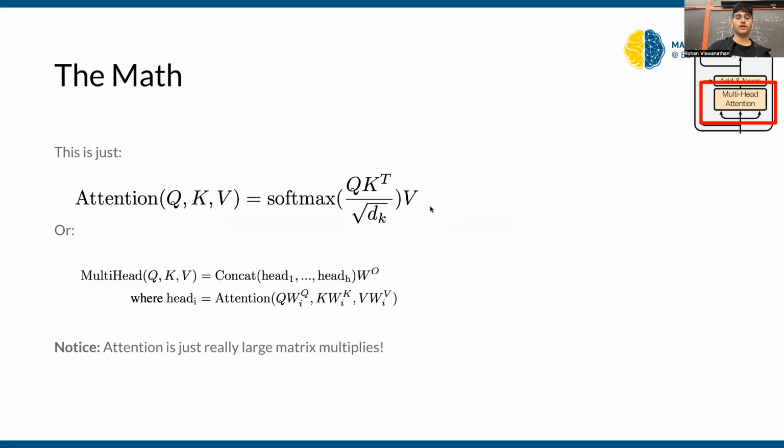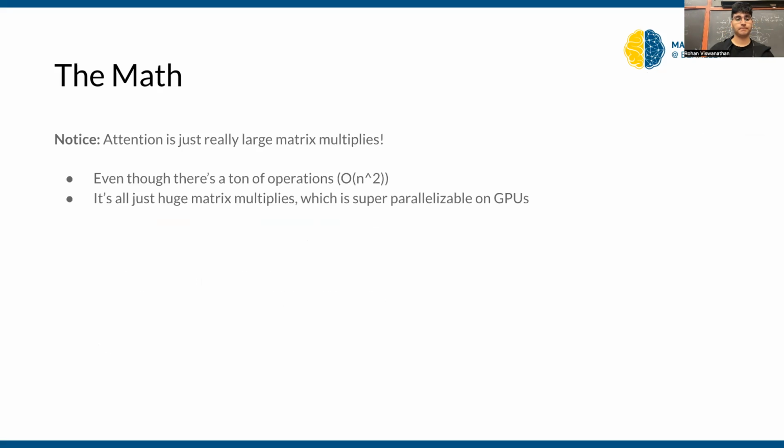This is exactly what we calculated before, and exactly what's described in the paper. Notice how attention is really just large matrix multiplication between your query, key and ultimately your value. The scaling term at the bottom scales based on the size of the multiplication you're doing.